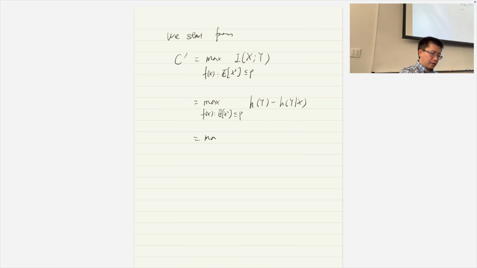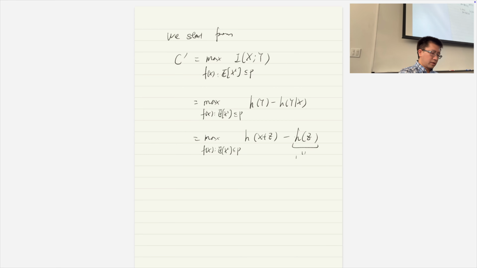The next step is that we can simplify the second term. Here, Y is nothing but X plus Z. The second term is h(Z), as we have seen before, and we know what h(Z) is because Z is already Gaussian distributed.